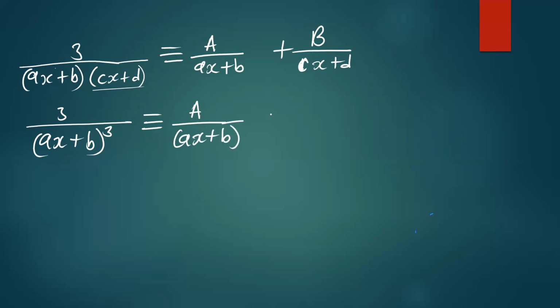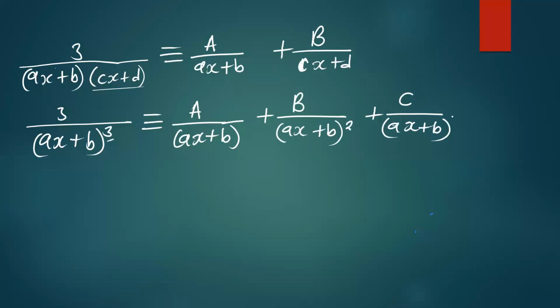Then you write B over the same linear factor, ax plus b, squared. After that, we add another one with the power 3: plus C over ax plus b, raised to the power 3.